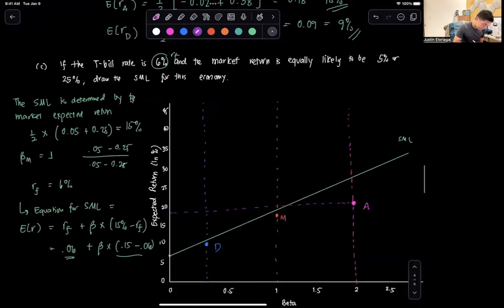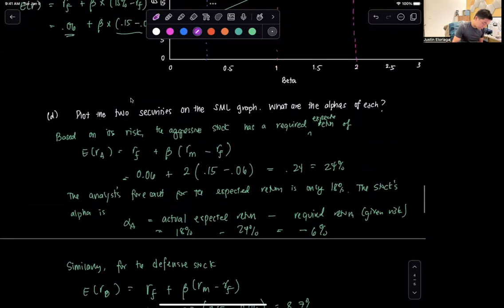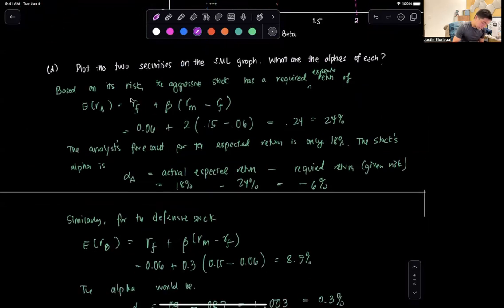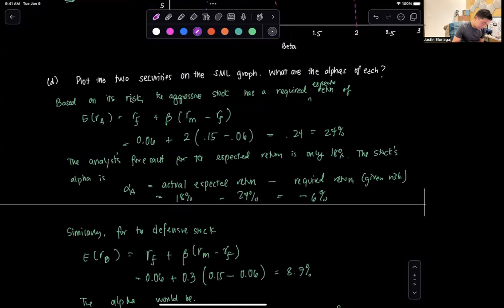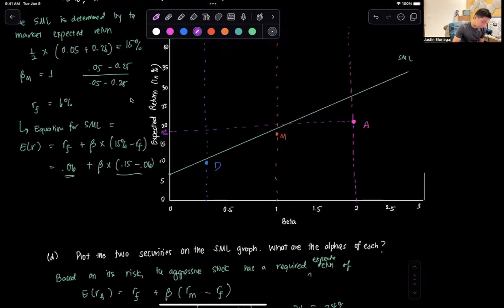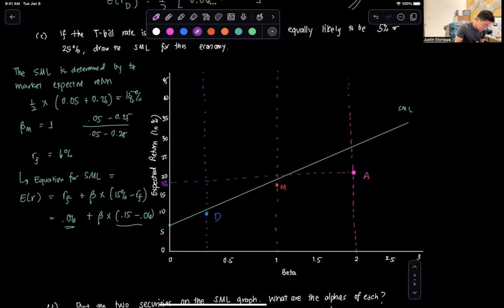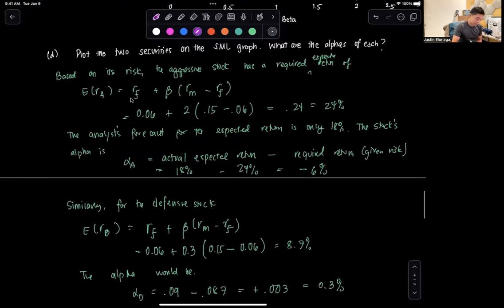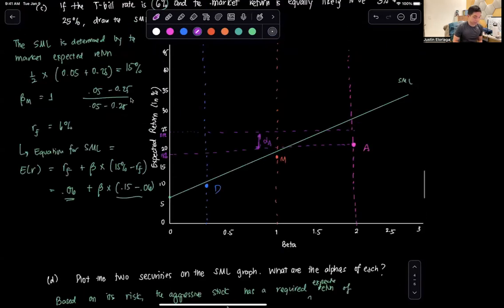But what we found when we used the SML formula is a return of 24%. So a 24% return was what was predicted. So this is the 24%. Meaning this distance here corresponds to alpha A. This distance of 6%, that's alpha A.